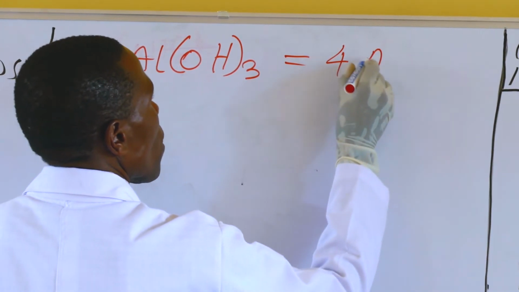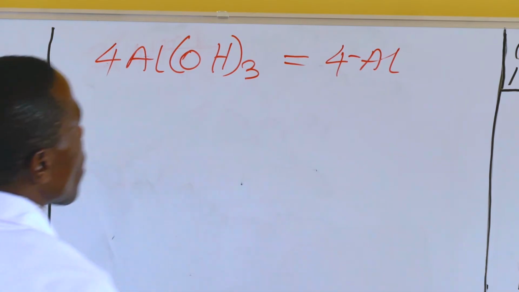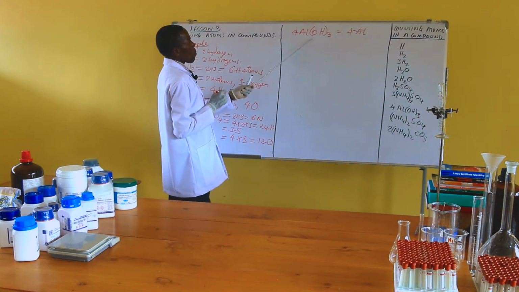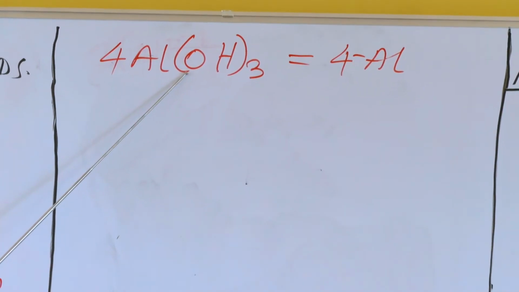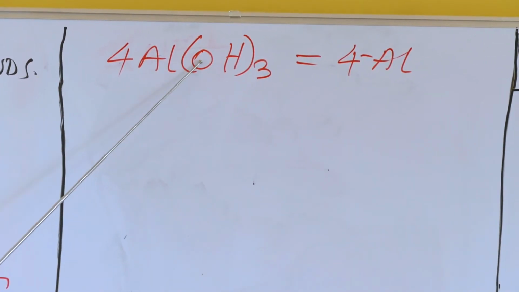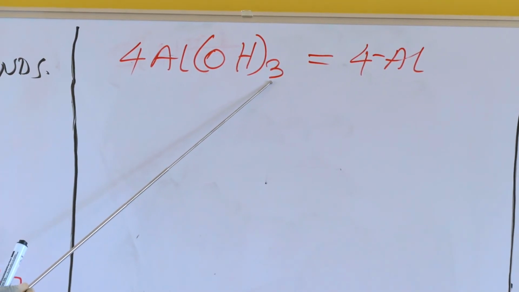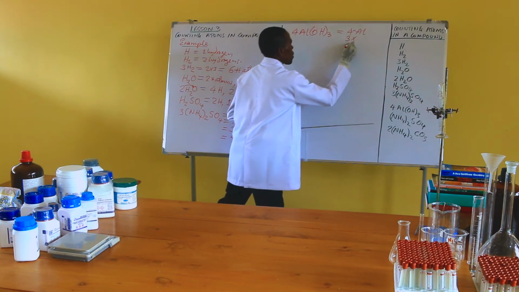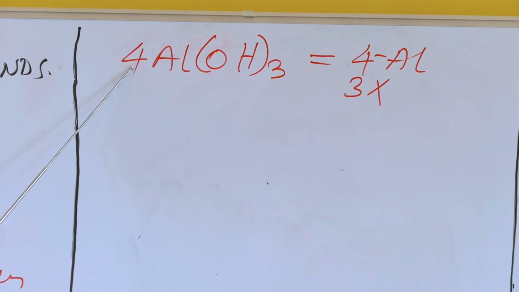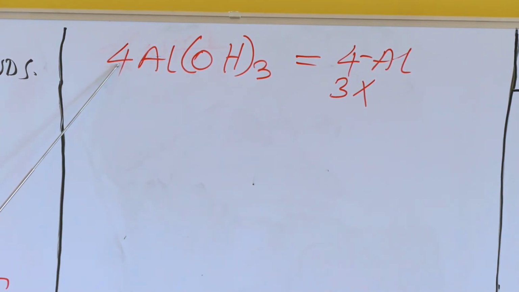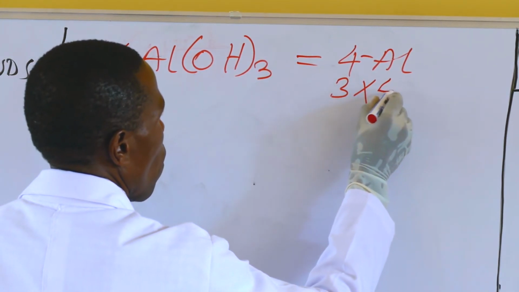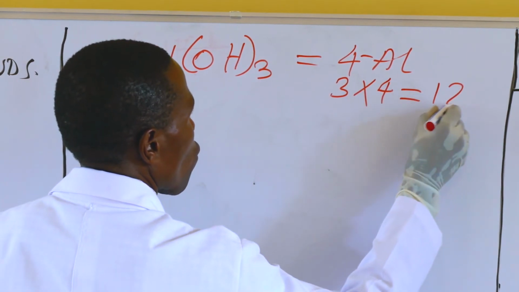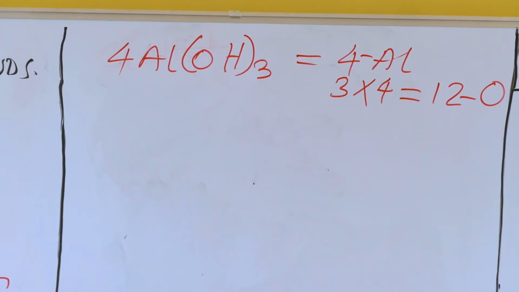And then how about oxygen? It is 3 oxygen atoms just because of this number written outside the bracket. So it is 3 times 4 just because of this number written before the chemical formula, and then we have a total of 12 oxygen atoms.